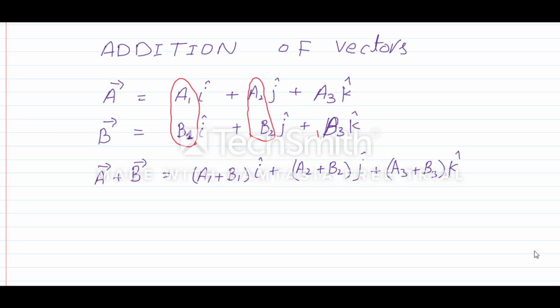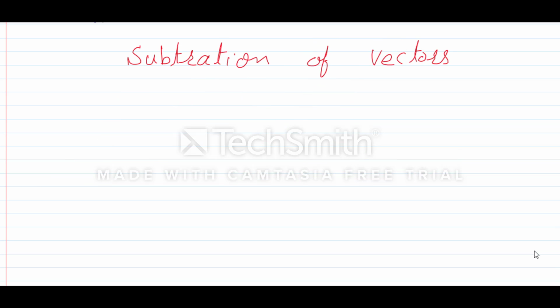Similarly, a2 plus b2 and j is common, and finally we have added a3 and b3 and k is common there. We can give a name to this vector as a vector C.